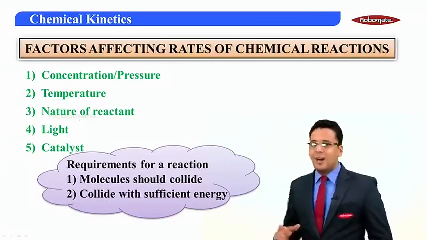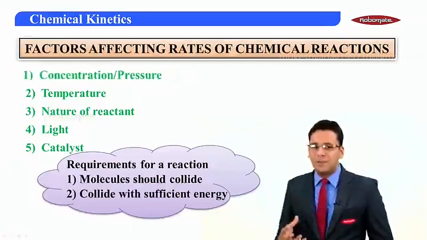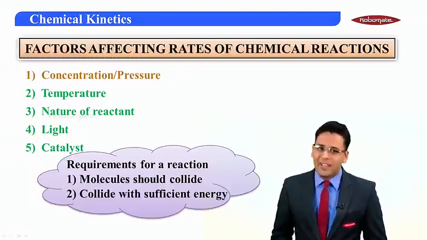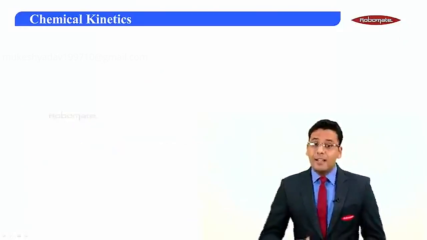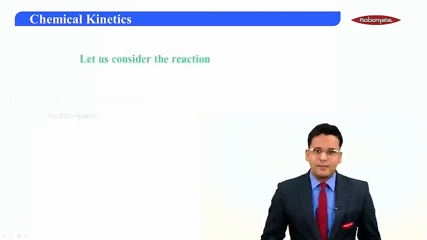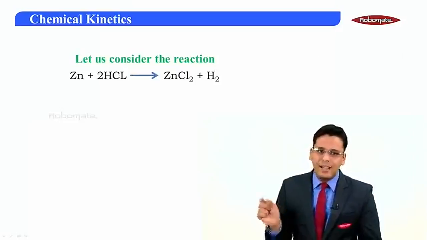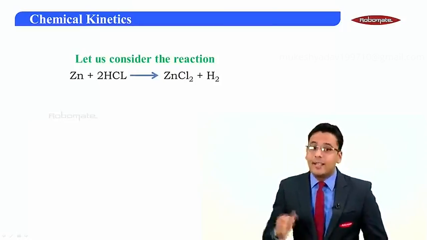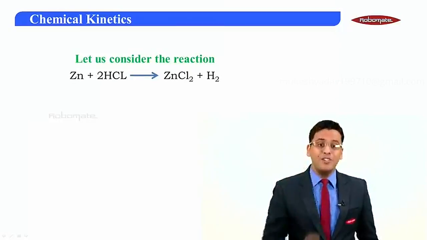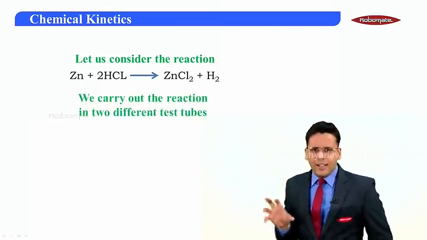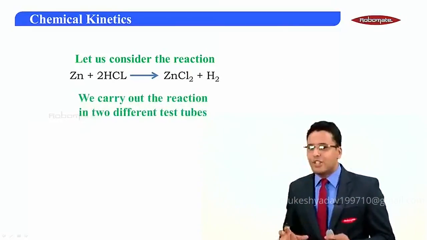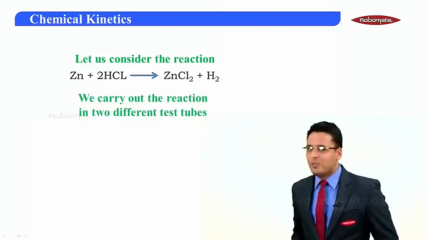Let us see how concentration or pressure affects the rate of chemical reactions. Let's consider a chemical reaction: zinc plus HCl giving you zinc chloride with evolution of hydrogen gas. Let's say we were to carry out this reaction in two different test tubes.